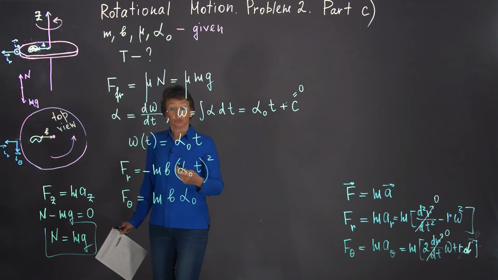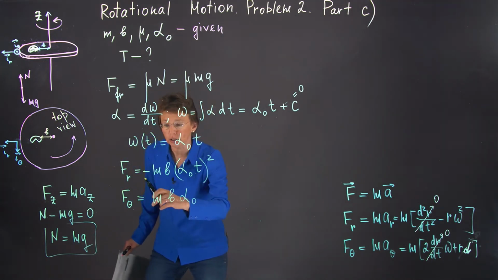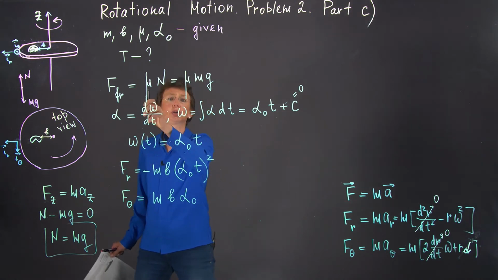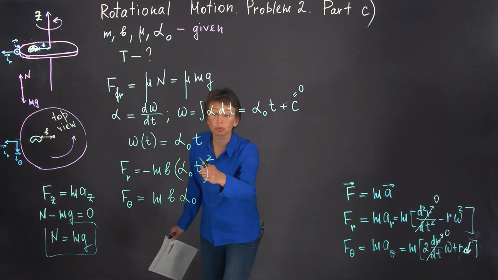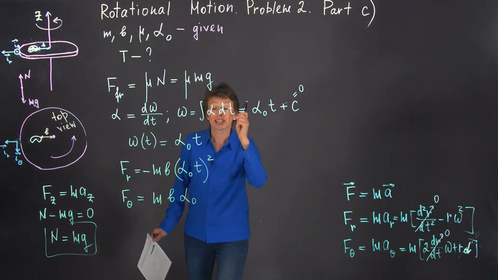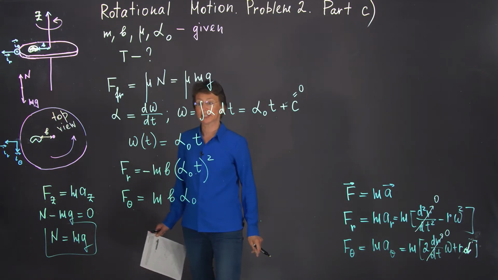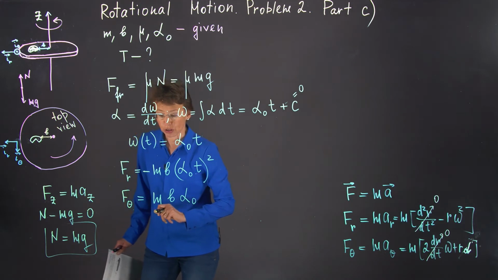And we need to find the magnitude of force of friction. If we find the magnitude of force of friction, time is there, and we put it equal to mu mg, we will have the equation that we can solve for time, that specific time when this piece of cheese is ready to slip.